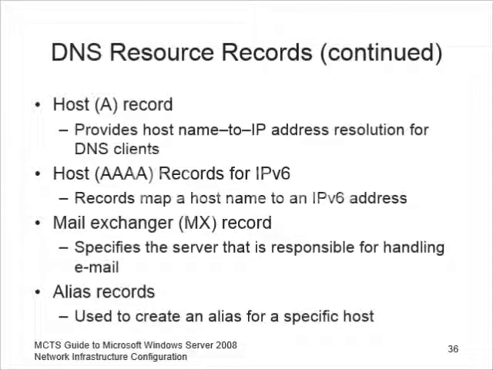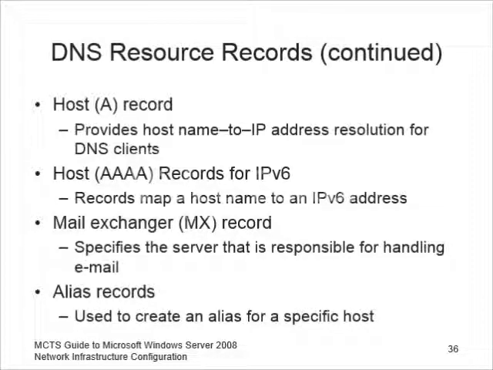The mail exchanger resource record specifies a server that is configured to act as a mail server for a DNS name. The mail server identified by an MX record is a host that either processes or forwards mail for a DNS domain name.